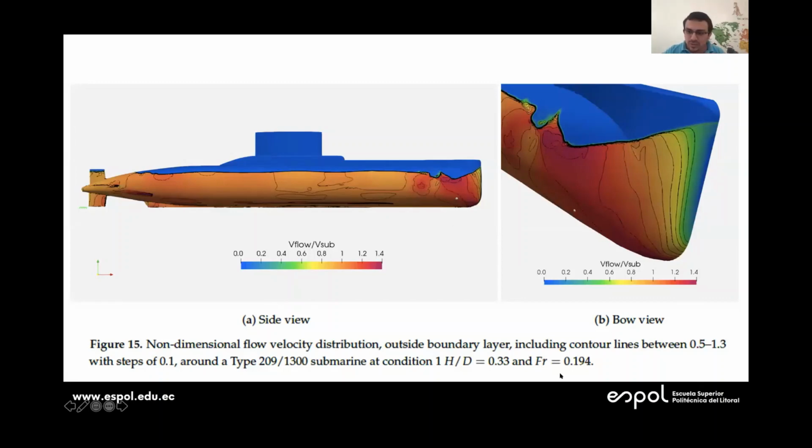This distribution corresponds to the Froude number of almost 0.2. If I remember correctly, that was like 9 knots.